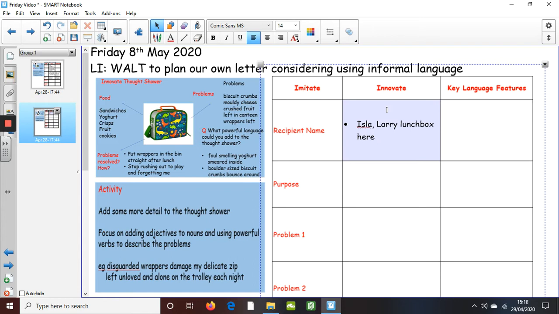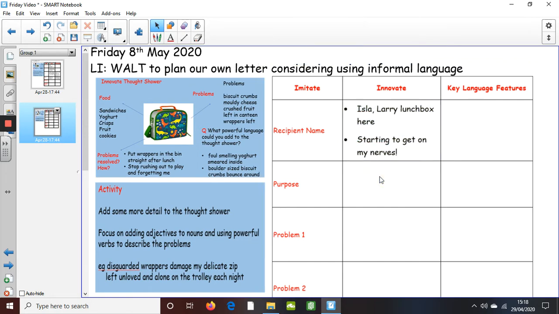So I'm going to change that slightly, and I'm going to say something like, "Starting to get on my nerves." Okay, so Duncan the crayon says, "You're killing me," and we've innovated it and changed it to "starting to get on my nerves." And that's all we need to do for the recipient name box.